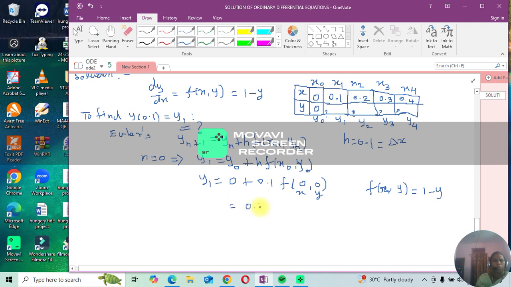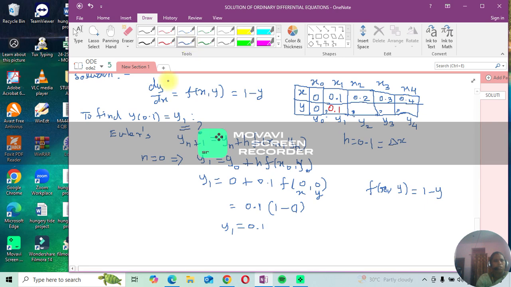So 0.1 into f of 0 comma 0. Substituting 0 comma 0, 1 minus y is 1. So we get 0.1. So our y1 value is 0.1. After finding this, immediately you substitute this 0.1 in the table.